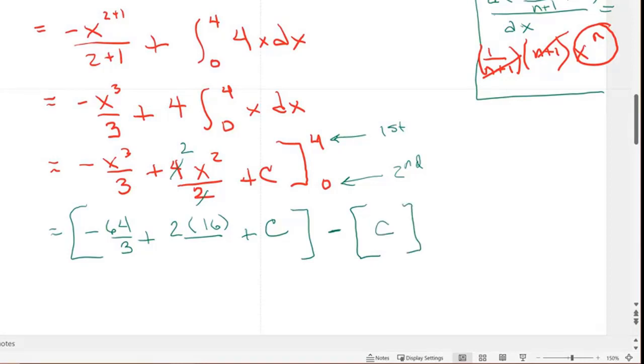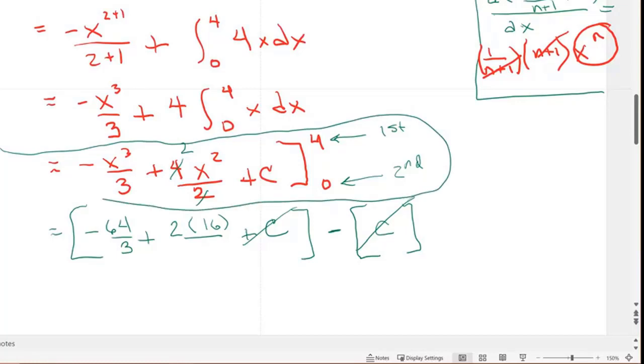So whenever I have a definite integral, I don't have to add that plus c, because as you can see here, c minus c goes away. You only have to add that c when it's an indefinite integral, where I don't get a value. I don't have bounds, I just have a function, and I would literally have to stop here because I wouldn't have any numbers to plug in.